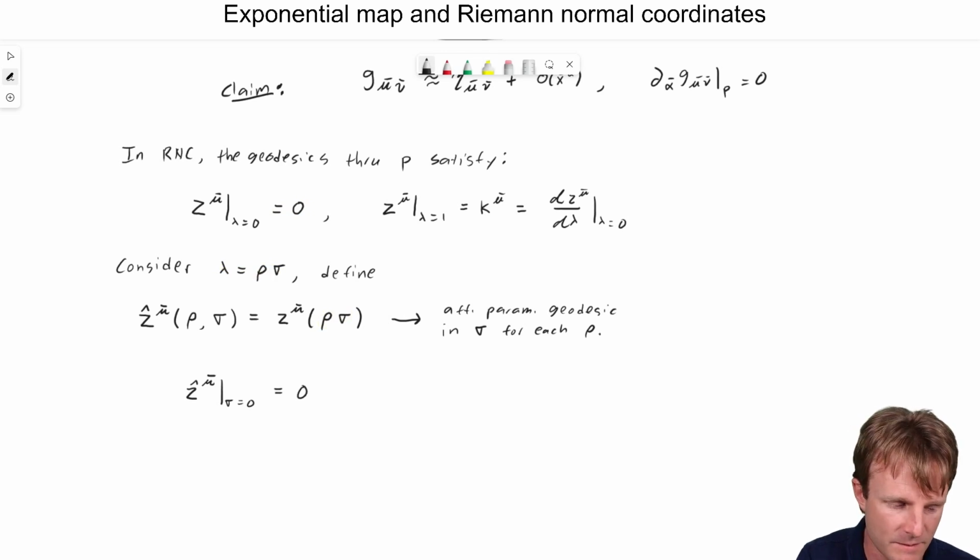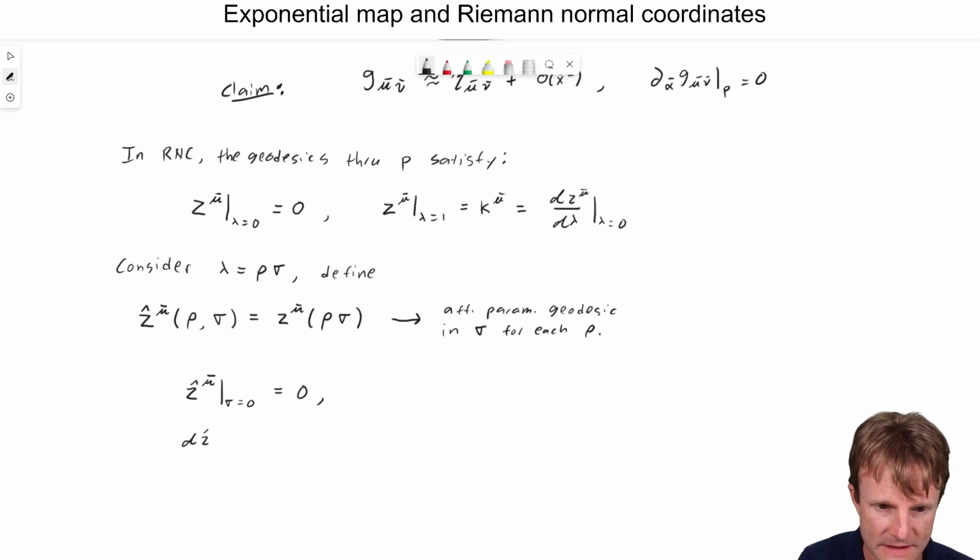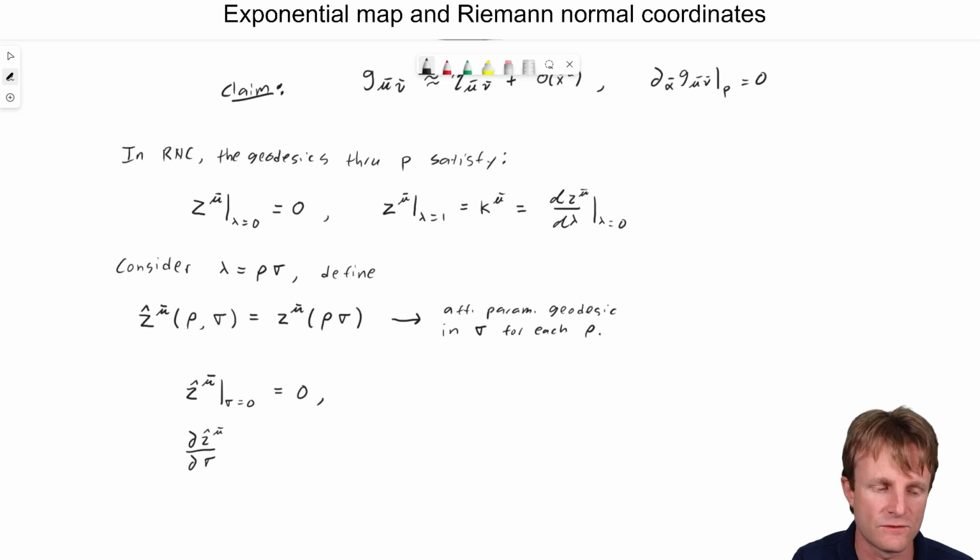And this should have said bar. Now let's work out the initial derivative. So now we'll have d z hat mu bar d sigma, but since this is a function of rho and sigma, I should really write partial to clarify that rho is fixed.